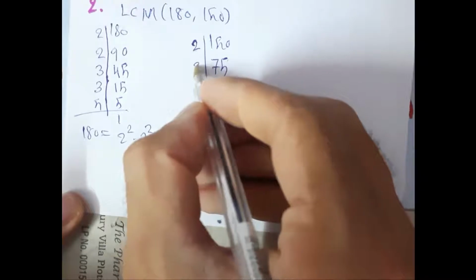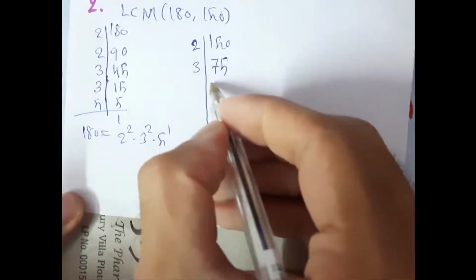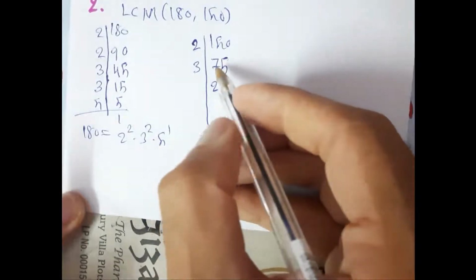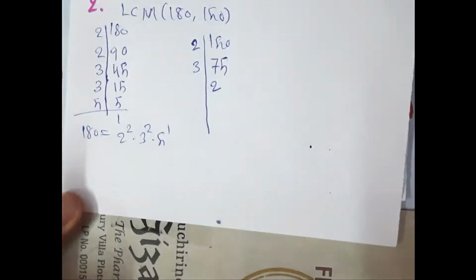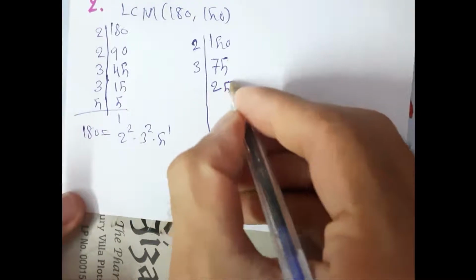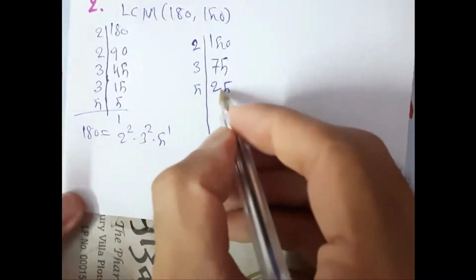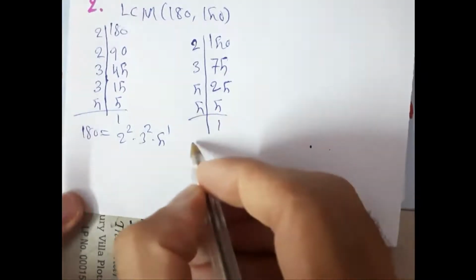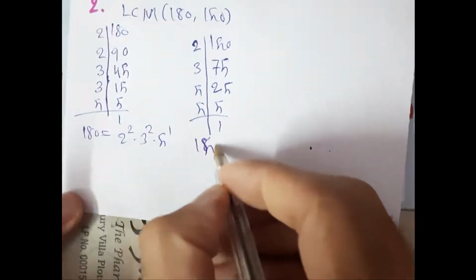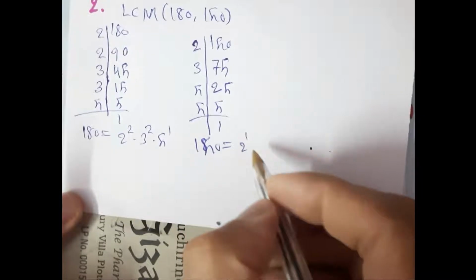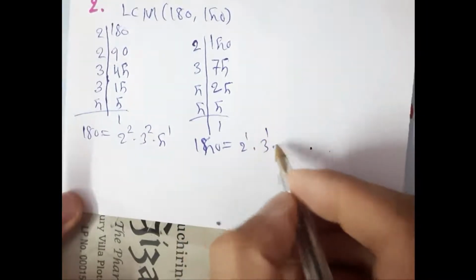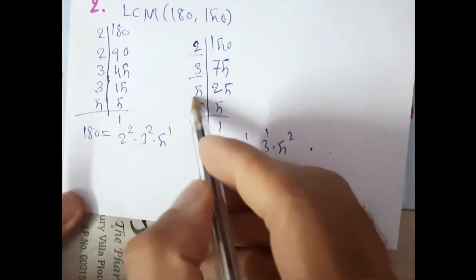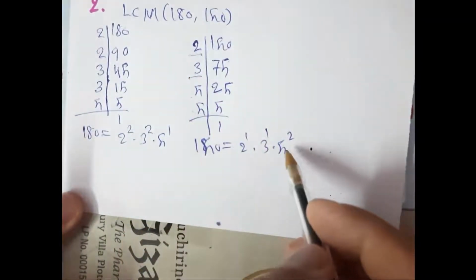It is divisible by 3. 7 divided by 3, 2, we have a remainder 1 with 5. 15 divided by 3, 5. 25 divided by 5, 5. 5 divided by 5. Result: 150 is equal to 2 power 1 into 3 power 1 into 5 power 2. We have 1 time 2, 1 time 3, and 2 times 5.